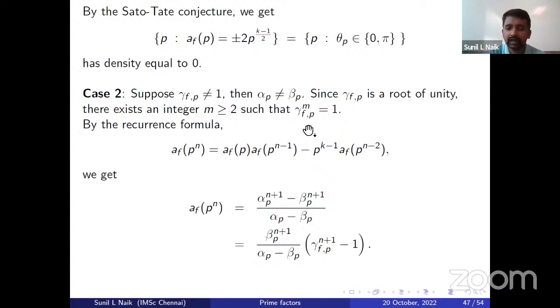Since gamma p to the power m is equal to 1, this gives f of p to the power m minus 1 is equal to 0.